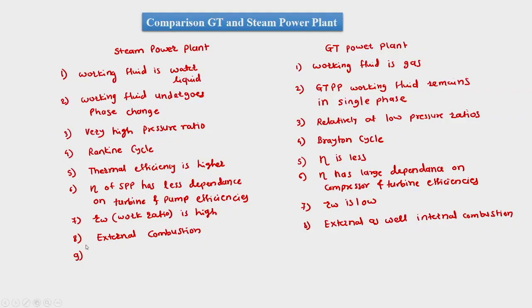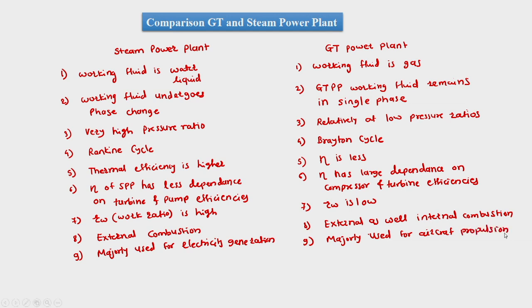Now we will see the comparison. There is one more point to be noted, that the steam power plant is majorly used for electricity generation, while gas turbine power plant is majorly used for aircraft propulsion.